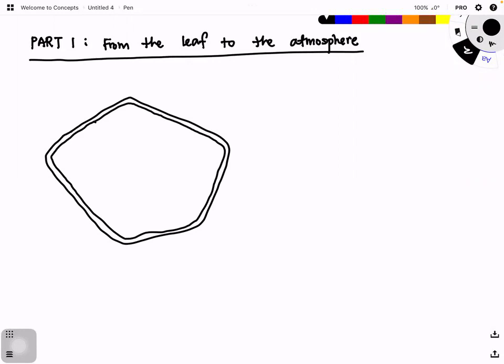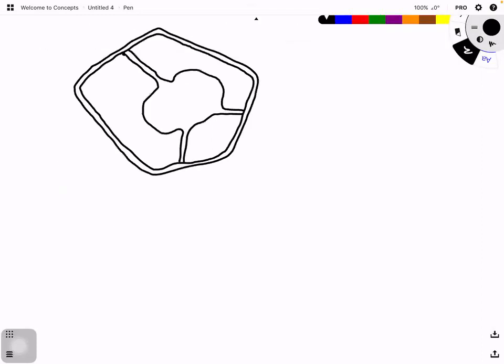Xylem vessel elements, they are lignified. So you may have some parts of the cells without lignification, forming the pits. So label this one as the xylem vessel element.